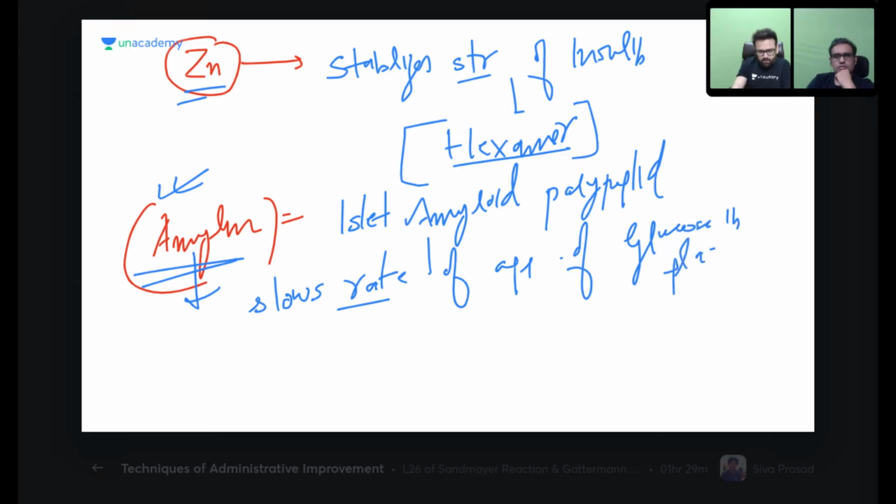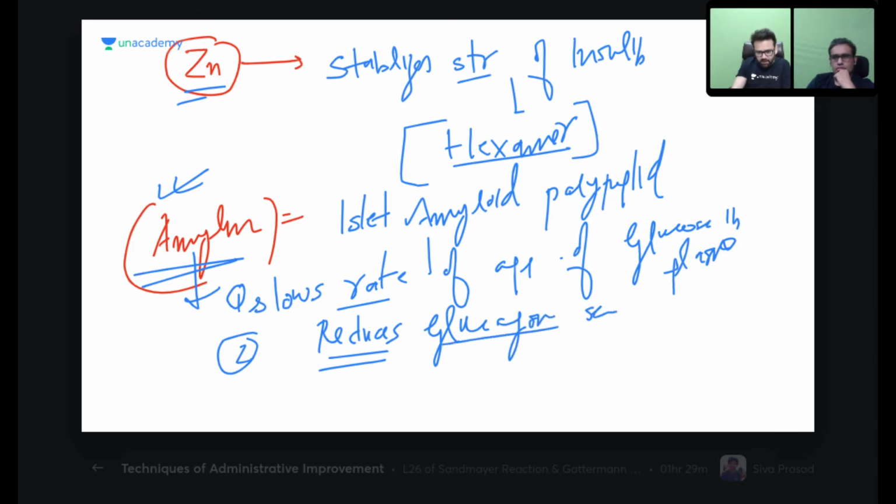Number two, it reduces glucagon secretion. Glucagon is a hyperglycemic hormone, so by reducing glucagon, it can decrease sugar. What else? As told, it causes satiety.